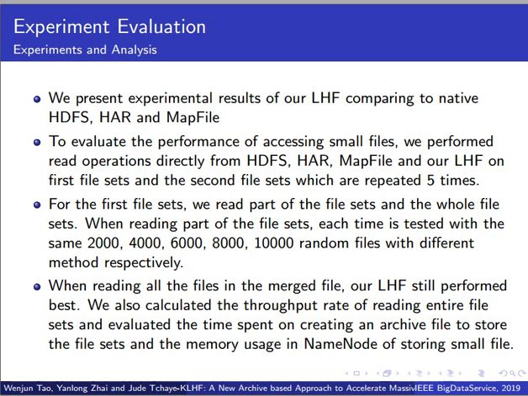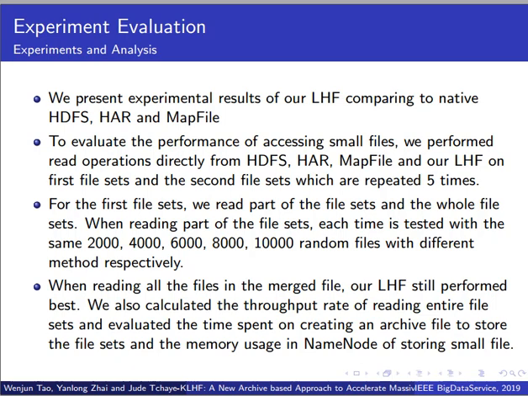For the first file set, we read part of the file set and the whole file set. When reading part of the file set, each time is tested with 2,000, 4,000, 6,000, 8,000, and 10,000 random files with different methods respectively. When reading all the files, our LHF still performs the best.